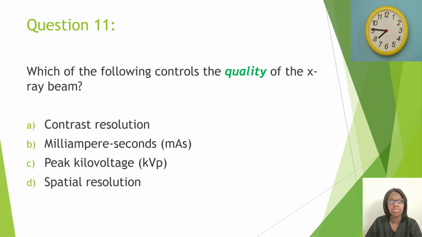Question 11. Which of the following controls the quality of the X-ray beam? Contrast resolution, milliampere seconds or mAs, peak kilovoltage or kVp, or spatial resolution?